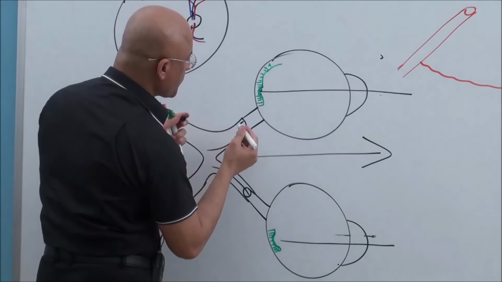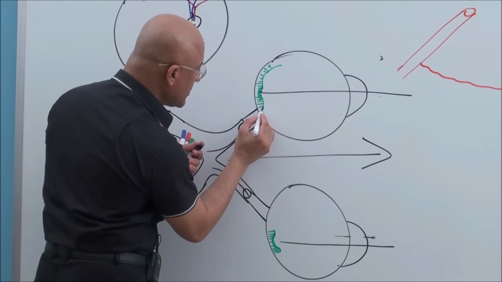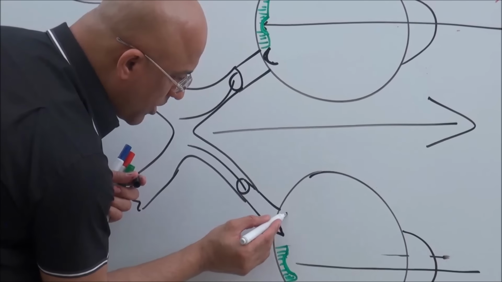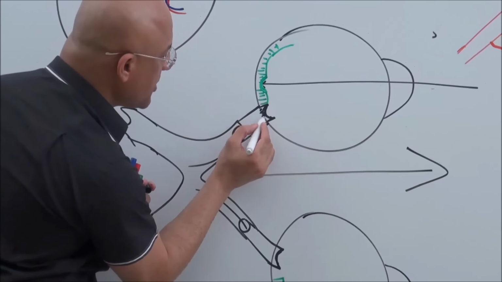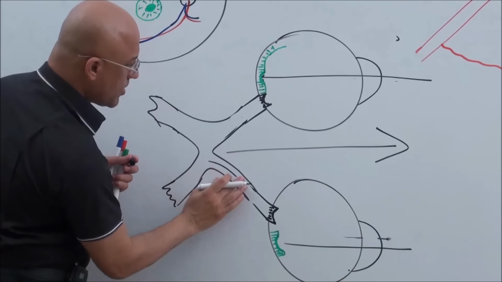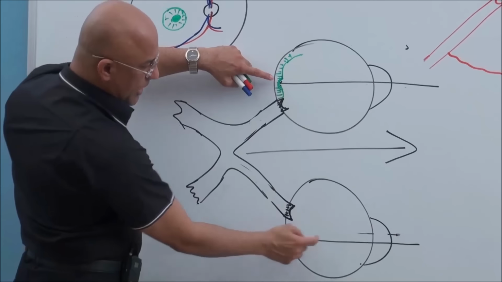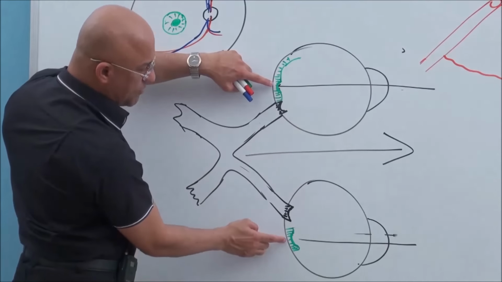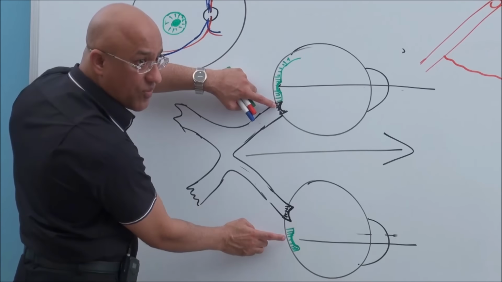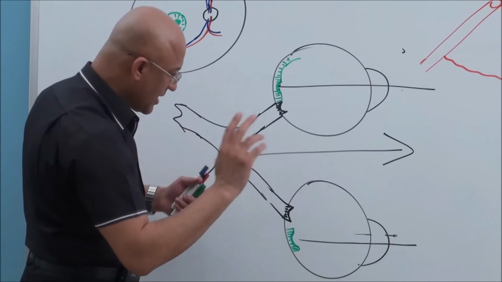And there is another depression here, this is called the optic disc, and this is the lamina cribrosa. Any question up to this? Now you see in both eyes, at the posterior pole you have macula lutea with central depression, fovea centralis, and a little more nasally and superiorly you have the optic disc. Am I clear?